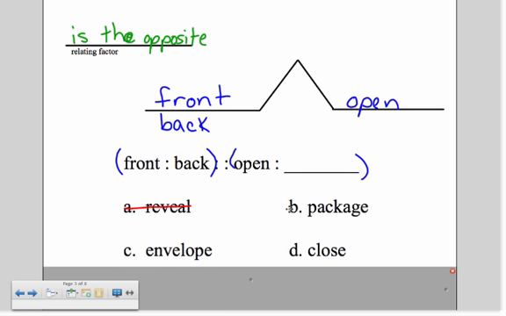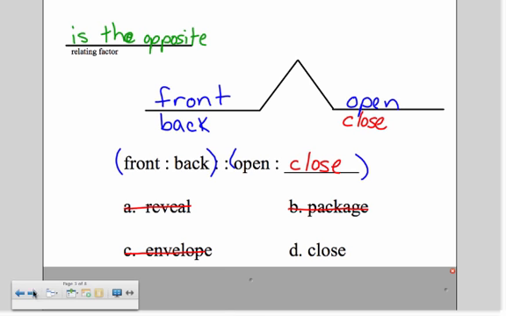Open is the opposite of package. Now, a package would be an object that you open. Same with envelope. Open is the opposite of close. Yes, that's it. Open is the opposite of close. So out of these choices, close is the missing word to complete this analogy with that same common relationship.